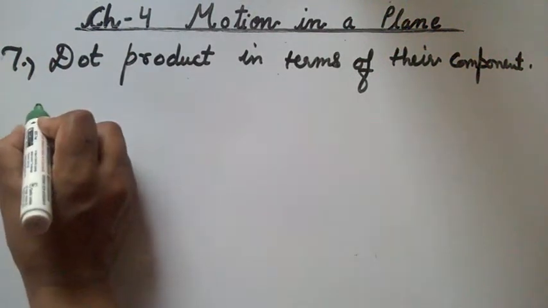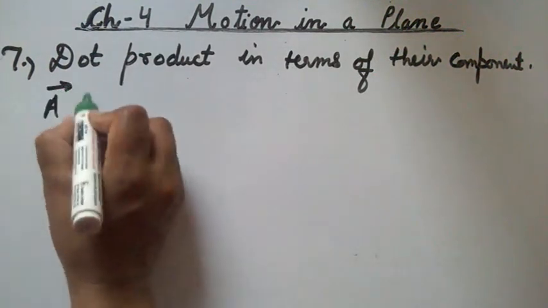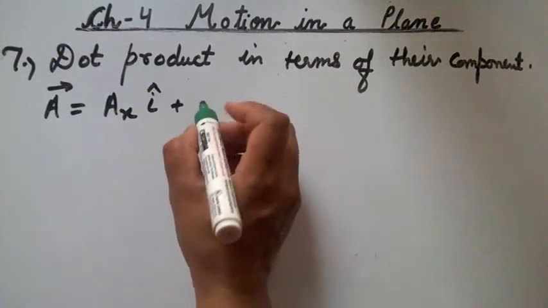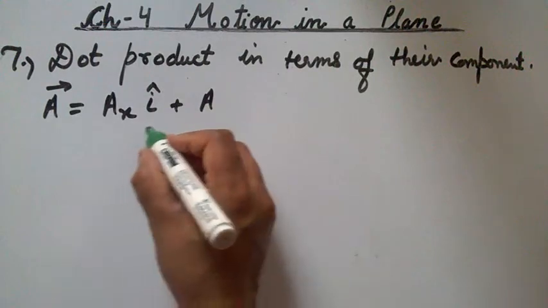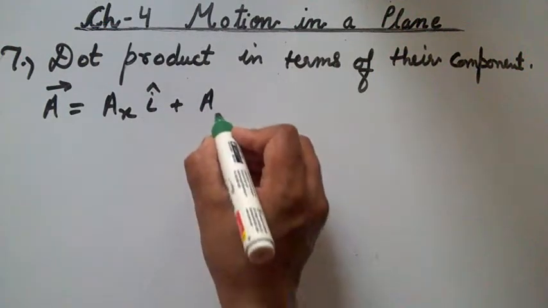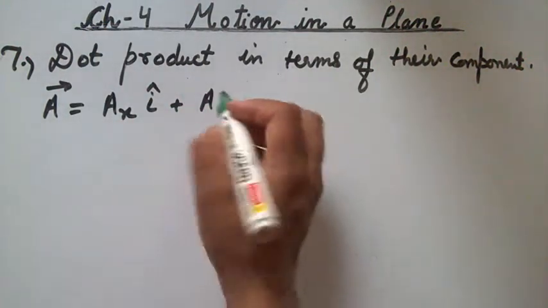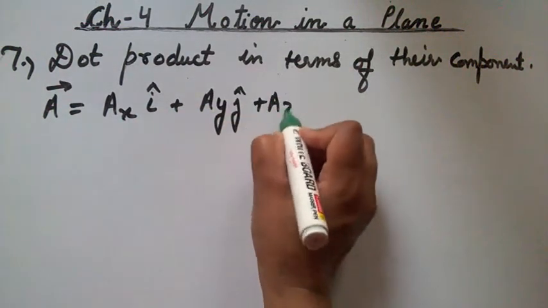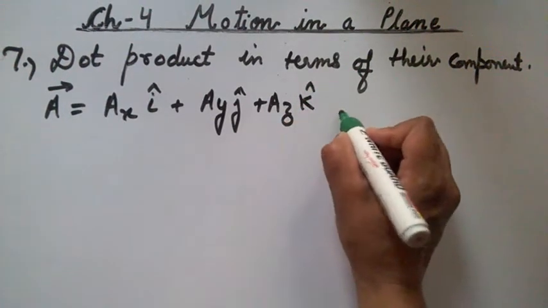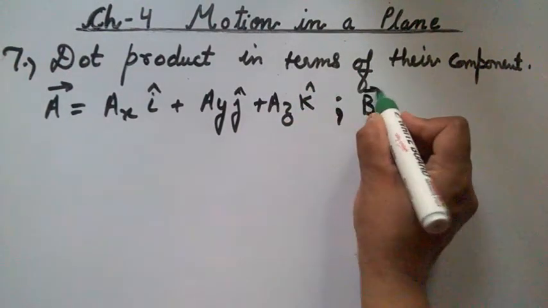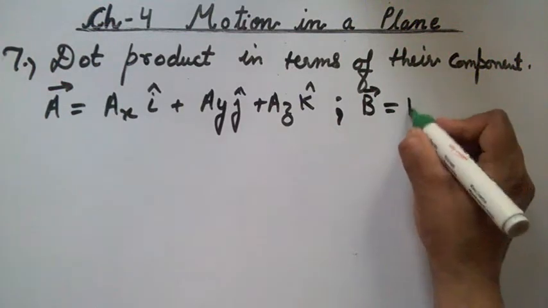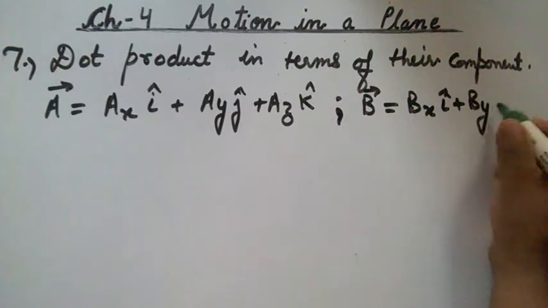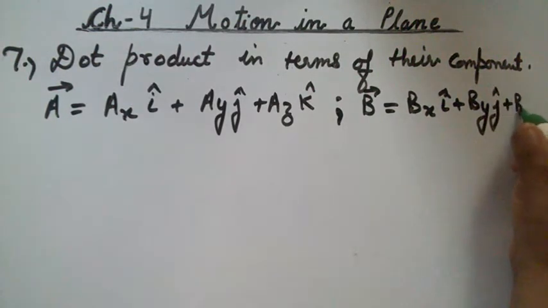Let there be two vectors and their components in free space. Vector A is resolved into three components, that is Ax i cap, Ay j cap, Az k cap, and B vector is resolved into three components in space, that is Bx i cap, By j cap, and Bz k cap.